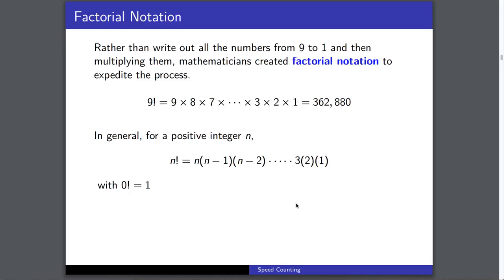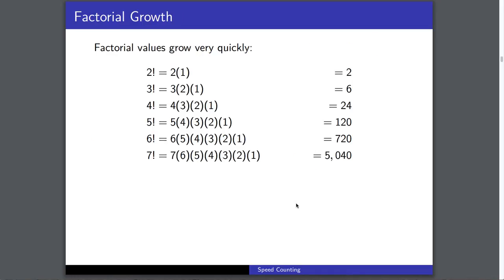But for right now, let's also keep in mind that factorials, because we're multiplying, the value is going to grow pretty quickly here. So we have 2 factorial is 2 times 1, 3 factorial is 3 times 2 times 1, 4 factorial is 4 times 3 times 2 times 1. Notice each new value is just that number times the previous answer.